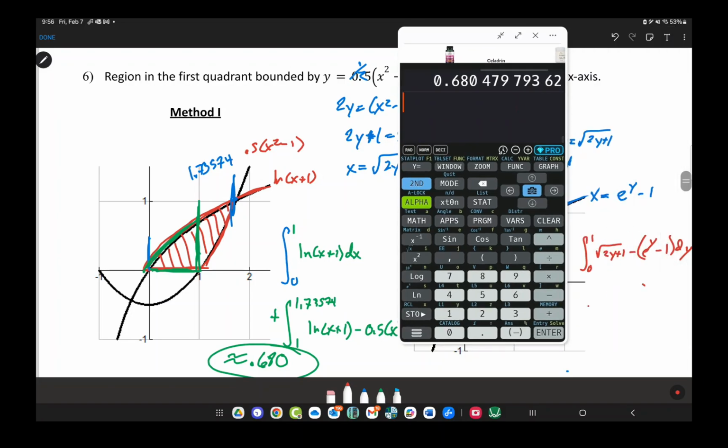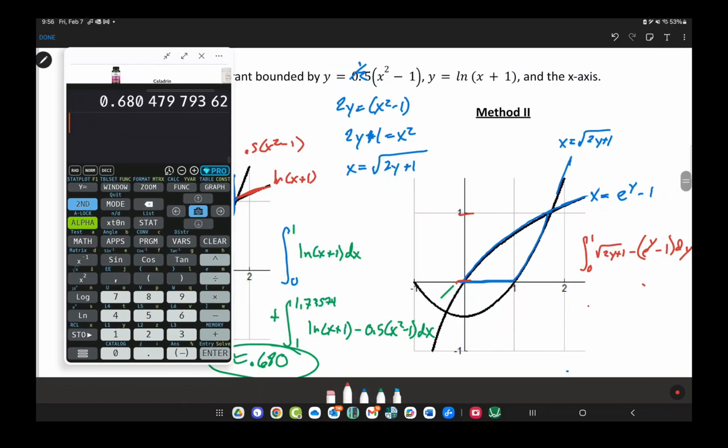So sometimes method 2 is a bit easier to do. Now the nice thing is both of these should give you the same answer, right?